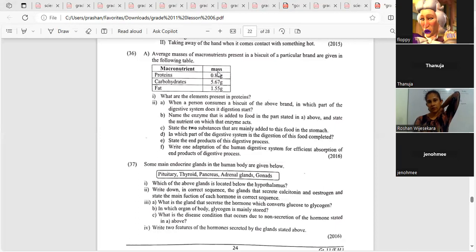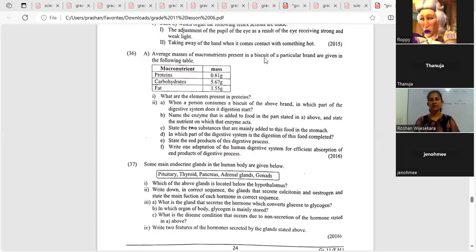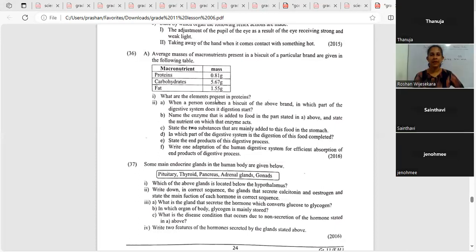The average masses of macronutrients present in a biscuit of a particular brand are given in the following table. Macronutrients protein, carbohydrates and fats are there. Masses are also given here. What are the elements present in protein?